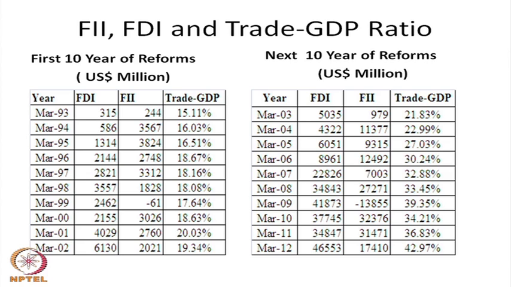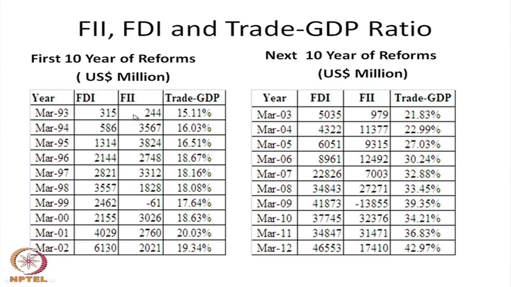If you see the first ten years of reform, that is March 93 to March 2002, the FII, the FDI and the trade-GDP ratio: the trade-GDP ratio increased significantly from 15.11 in March 93 to 19.34, a jump of about 4 percentage points over the ten years.